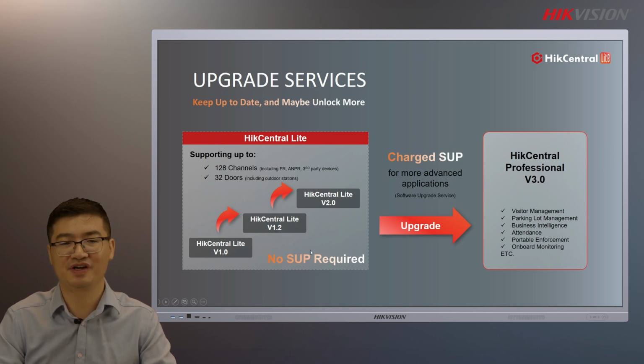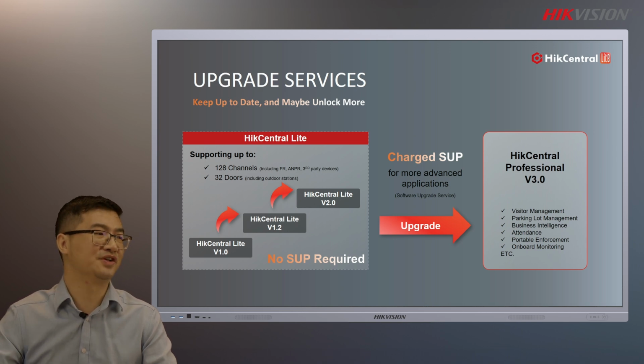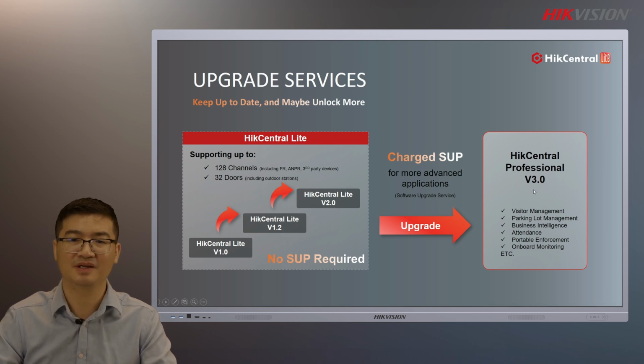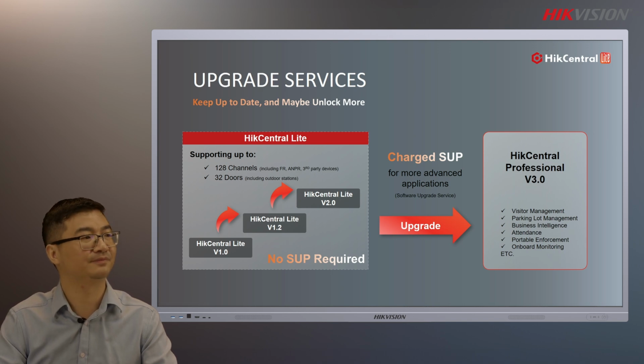If in future you are expanding your project to surpass the limit of HikCentral Lite of 128 channels, 32 doors, or if you want to add more advanced and complicated applications to HikCentral, then you can choose to upgrade from HikCentral Lite to HikCentral Professional version 3. Version 3 of Professional will be available in Q2 of this year.